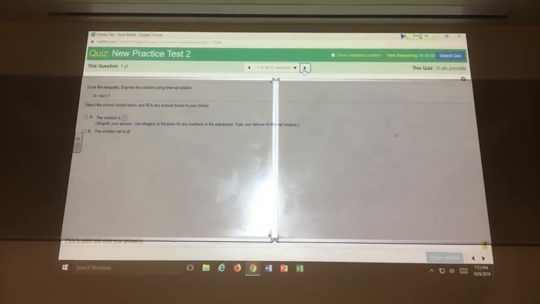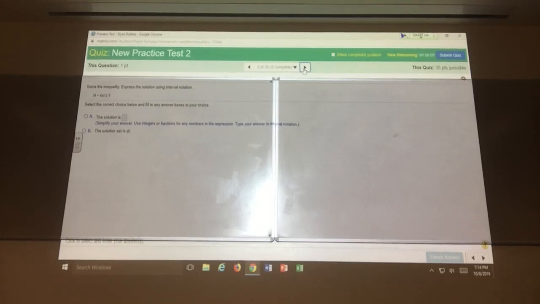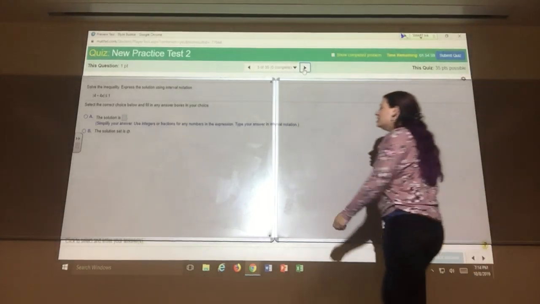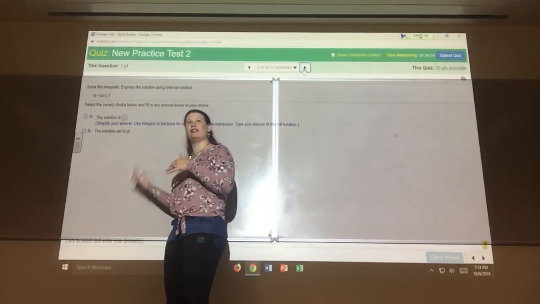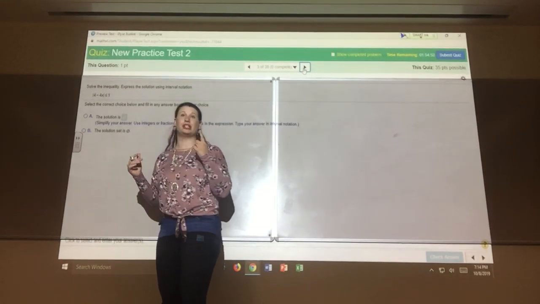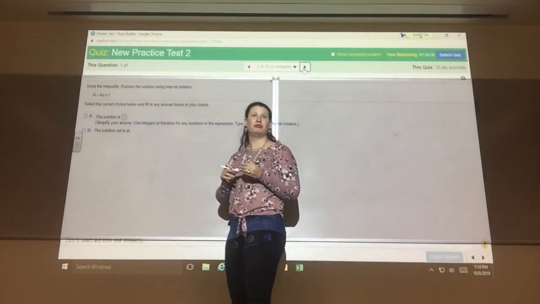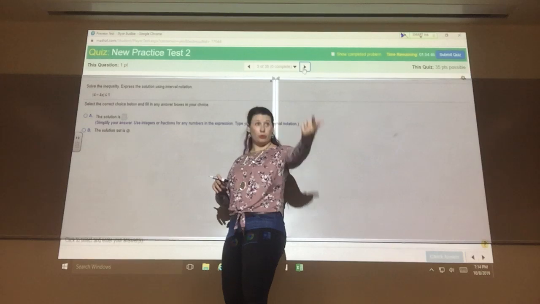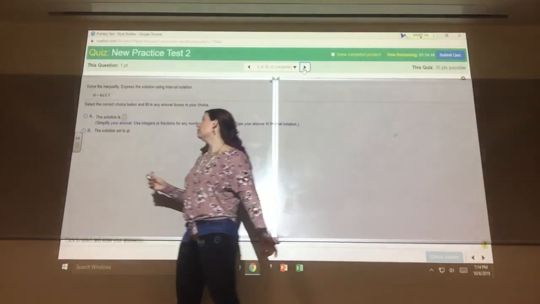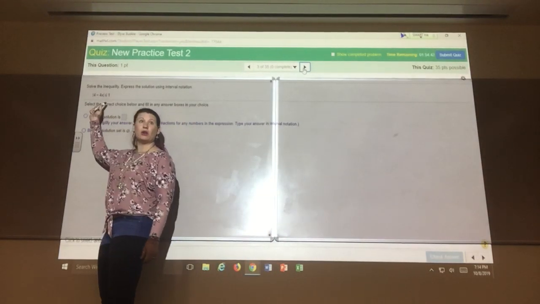How about this one? It has an inequality. Do it? Why not? Okay. So, with inequalities and absolute values, what's the first thing we have to do? We want to look to see what it's doing, but we want to get the absolute value on its own.